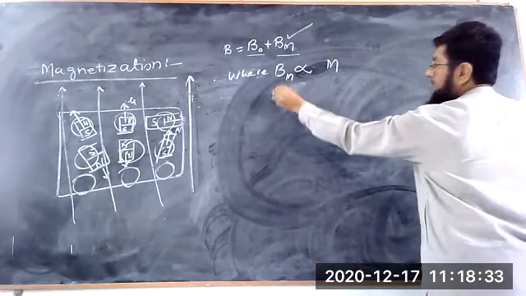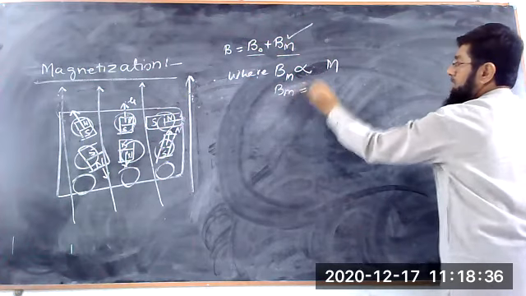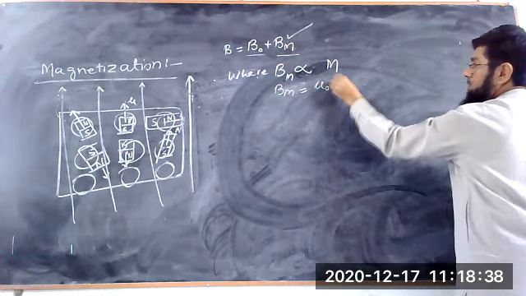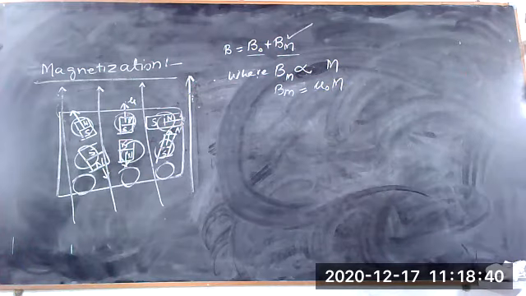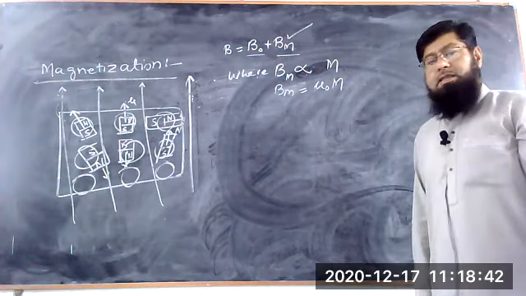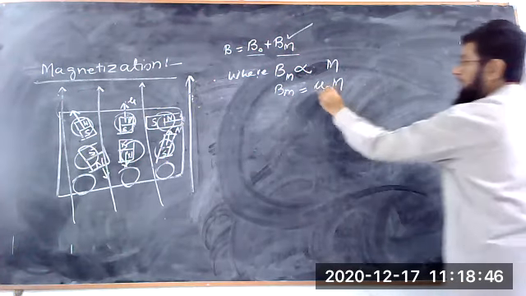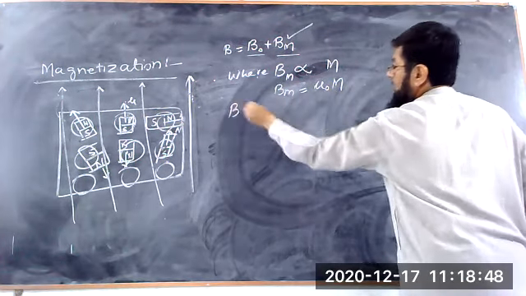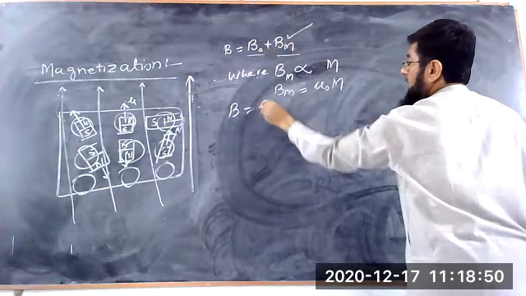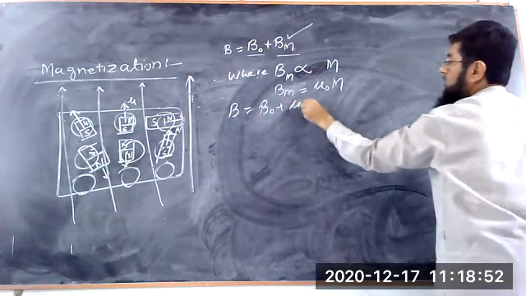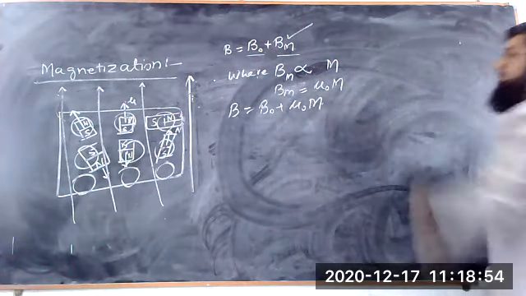So Bm is equal to a constant times M, where the constant is mu naught, the permeability of free space. Therefore B is equal to B naught plus mu naught M.